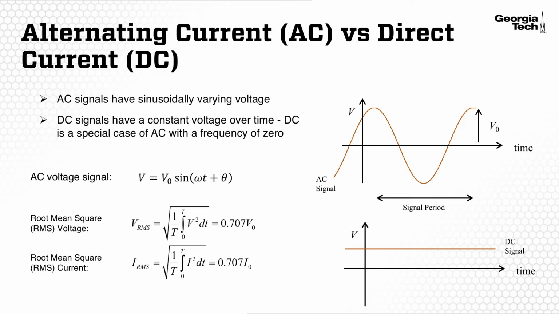If we have an expression for the AC voltage signal, so we have an amplitude and a frequency and perhaps a phase shift of this AC signal, then these two expressions here show how to compute the RMS voltage. And then if you likewise have an expression for the current, then you can compute the RMS current for the signal as well using the expression shown.